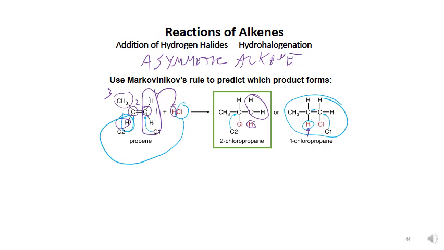If we did it the other way around, notice that the H is going on the, right, this is from the double bond that only had 1 H, whereas here, this guy has 2 H's. So the Markovnikov rule is telling you that this is the major product.